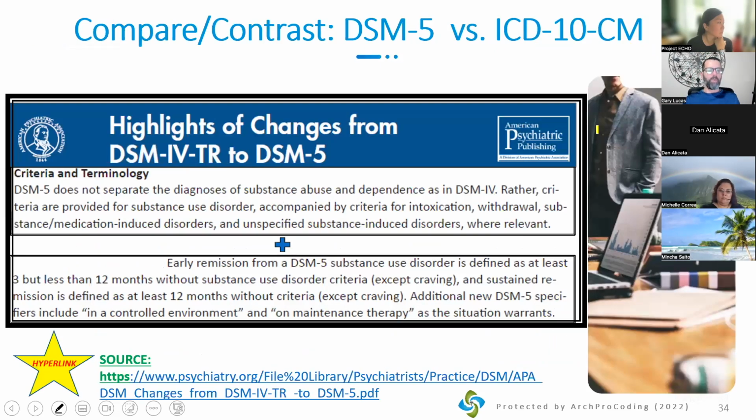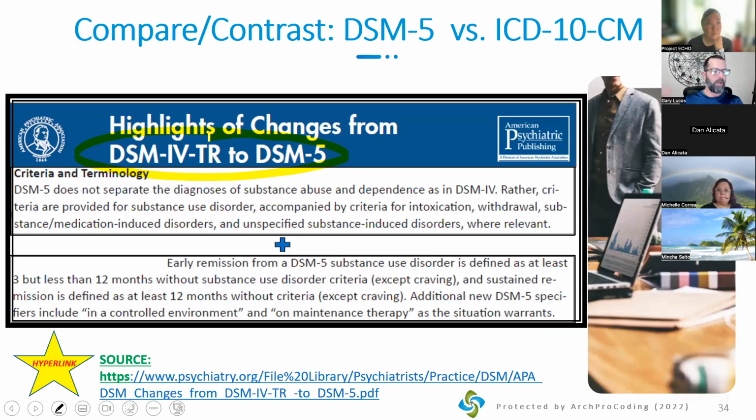But when we look at the changes that we went through from the ICD-9 to the ICD-10, boy, I tell you what, your clinicians, when they moved from the DSM-4 to the DSM-5 back in around 2015, the DSM changes don't necessarily marry up that well with the ICD-10.